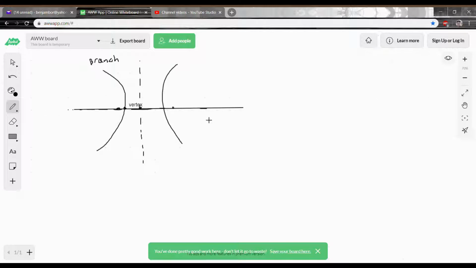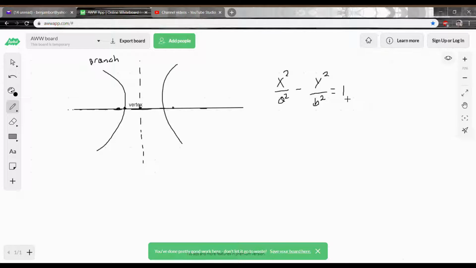We have two different equations that we'll use to define hyperbolas. We have an equation for a horizontal transverse axis, which is pictured here. It's going to be x squared over a squared minus y squared over b squared equals 1.